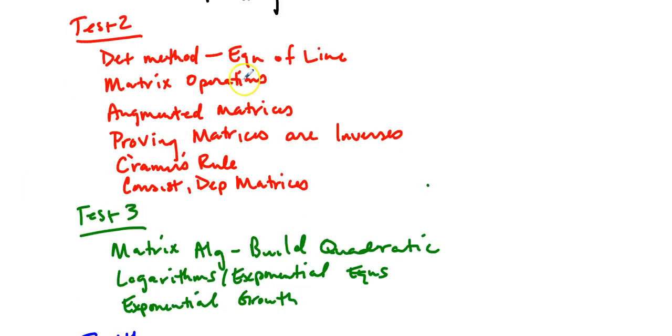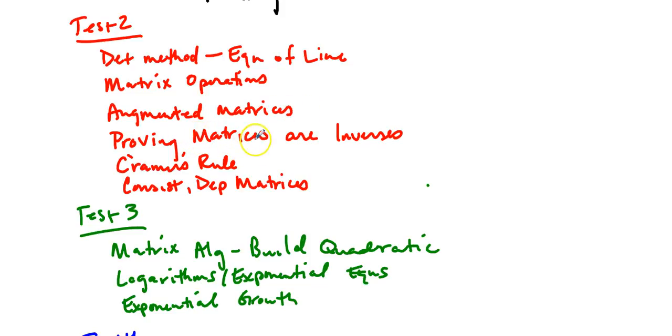Test 2 is really where we got into matrices and how to use matrices in different settings. So number 1 was finding the equation of a line using the determinant method. We looked at a lot of different matrix operations: addition, subtraction, multiplication, inverses, all of those things. Augmented matrices, so using row operations in order to solve augmented matrices.